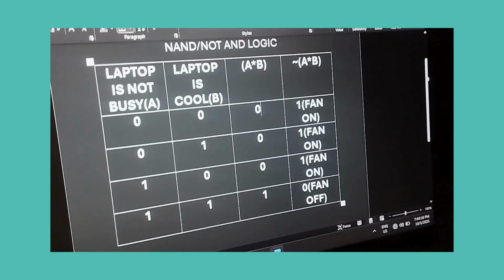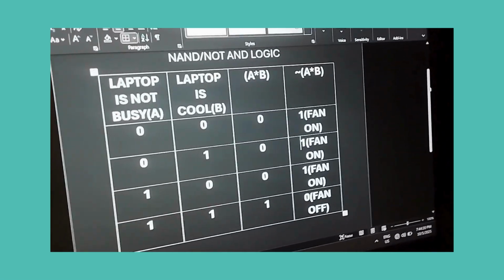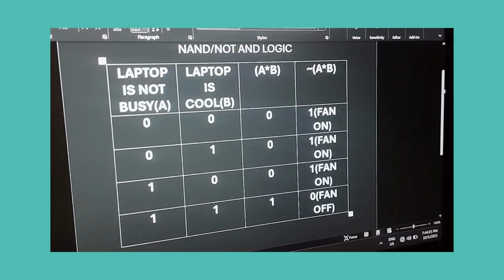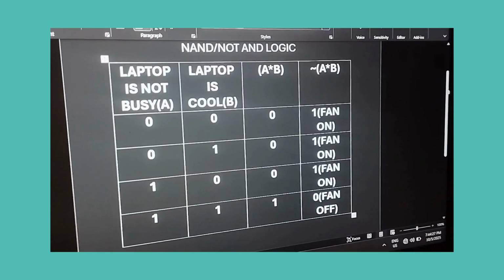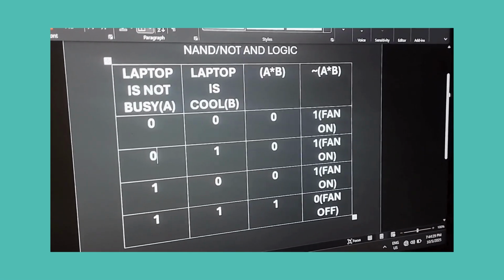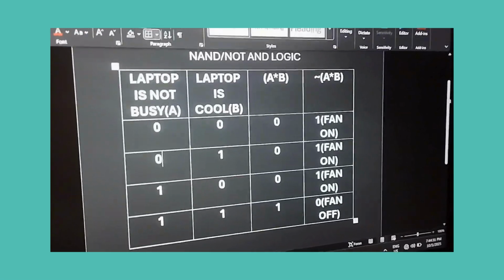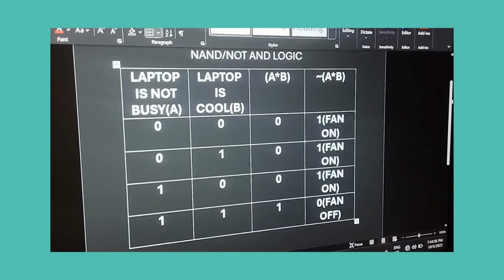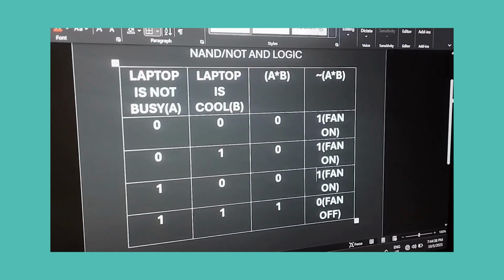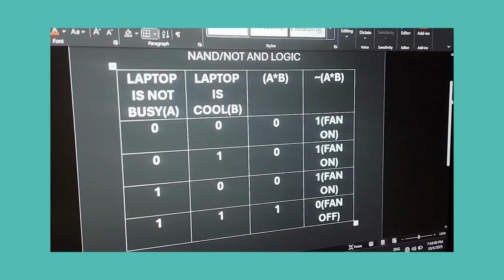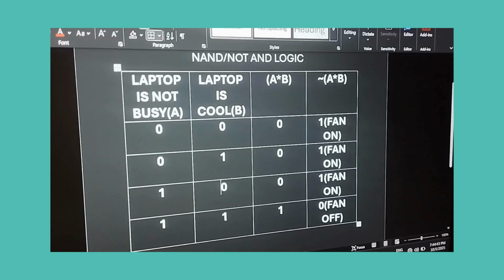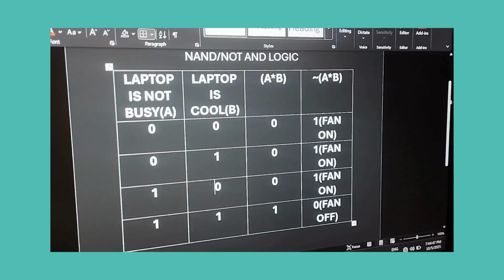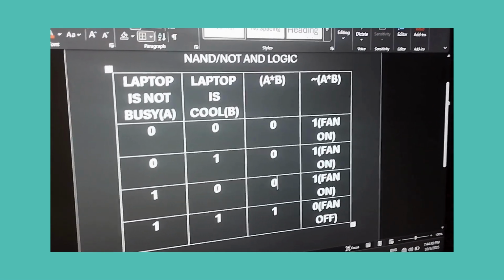And our second NAND output is still 1, or fan is on, since even though our laptop is cool, it is still busy and still needs the fan. And the third output is still true, or 1, fan is on. Even though our laptop is not busy, it is at high temperature and the laptop still needs the fan.